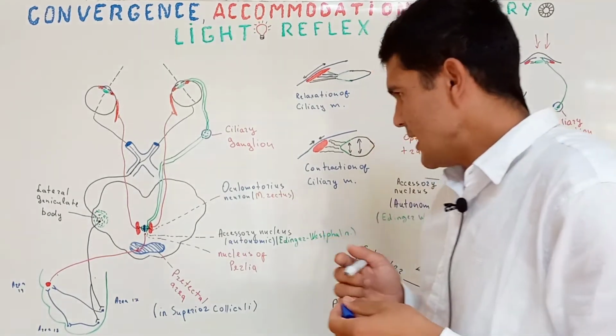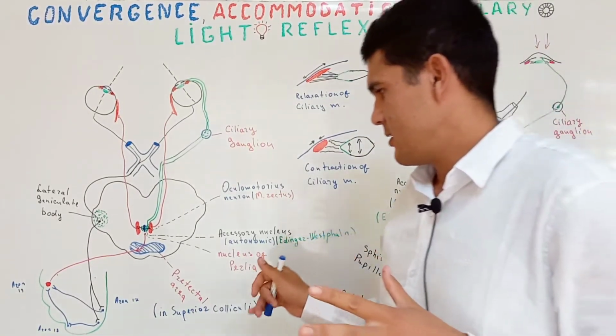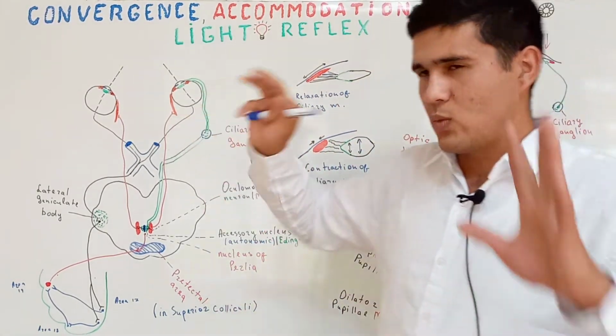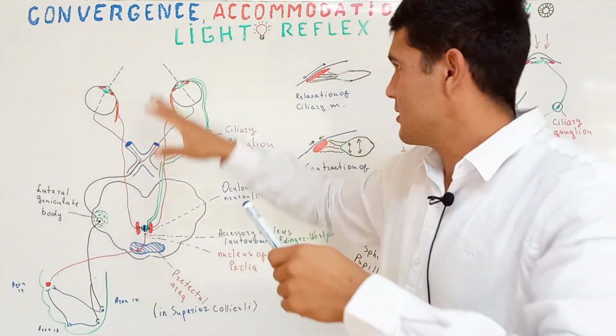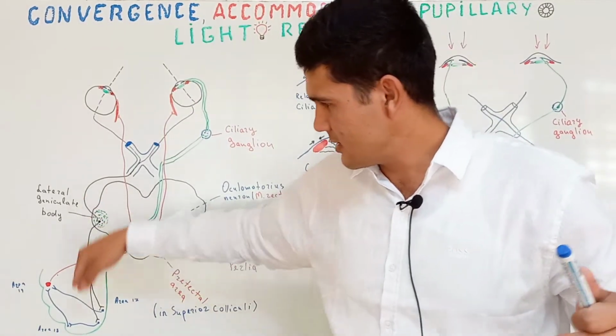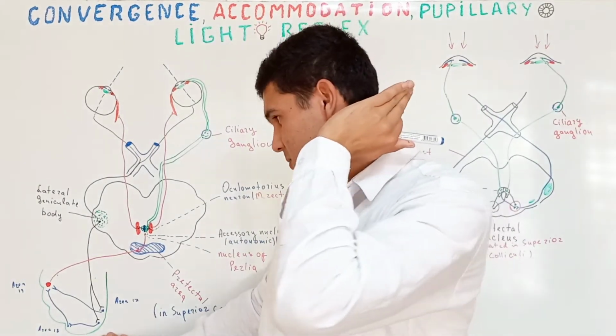Now I will do an overview for you. When we are looking at something that's coming to us, the retina sends information to the lateral geniculate body and then to the hemispheres located in the occipital lobe.